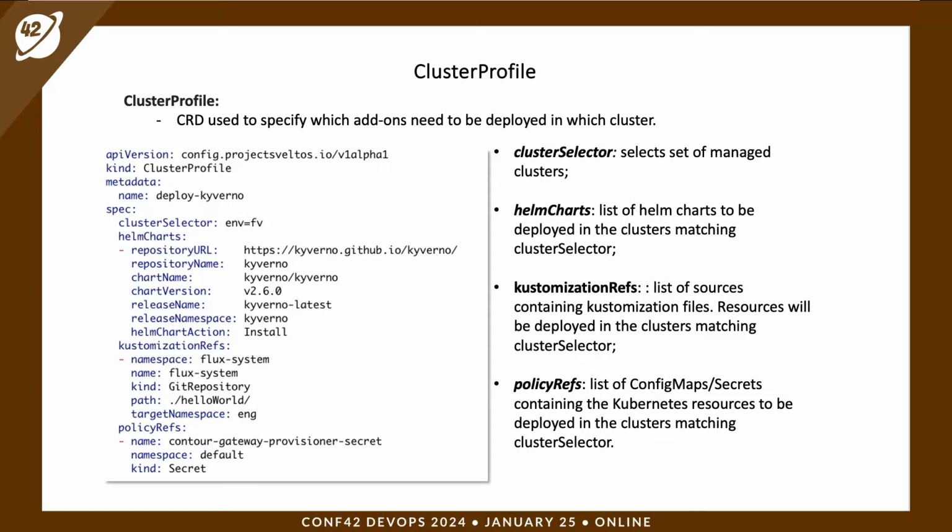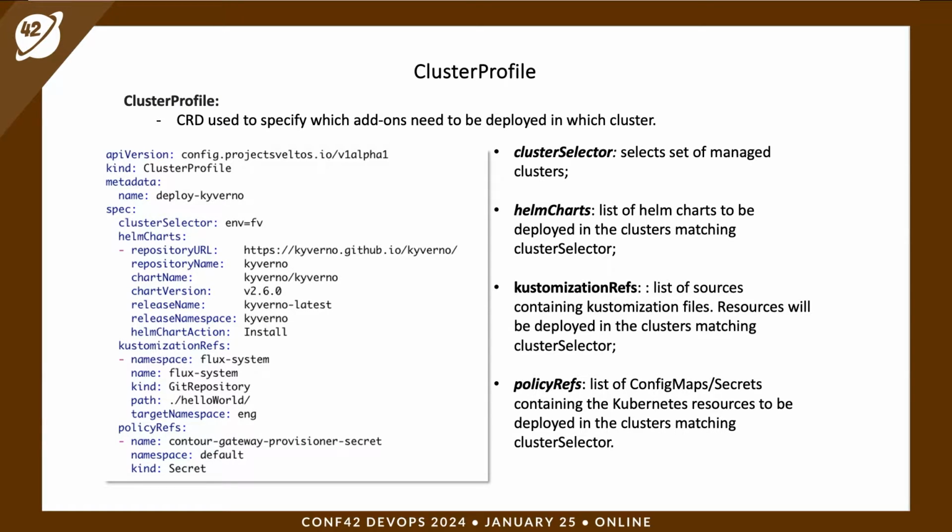In this case, you have a Git repo containing kustomization files in the path helloWorld. And what Sveltos will do is take all those files, run the kustomize SDK, and then deploy the output in the eng namespace in every cluster matching the cluster selector.